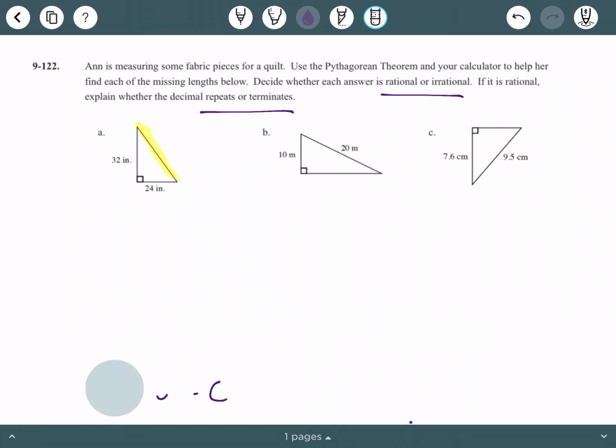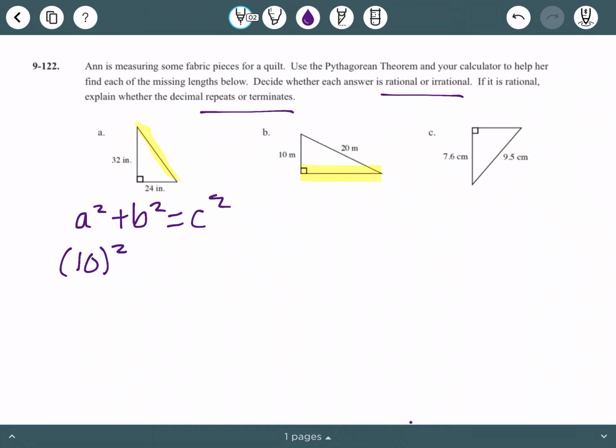Okay, so for part B, it looks like we are given one leg and the hypotenuse. Remember, the hypotenuse is always directly across from the right angle. Again, we're going to use the Pythagorean theorem and just plug in. My leg I can put in for a or b, it doesn't matter, so I'll put it in for a.